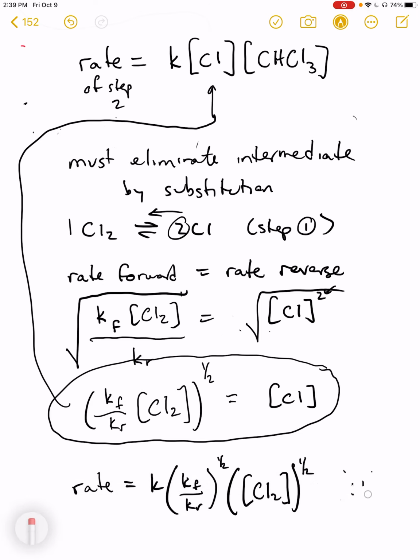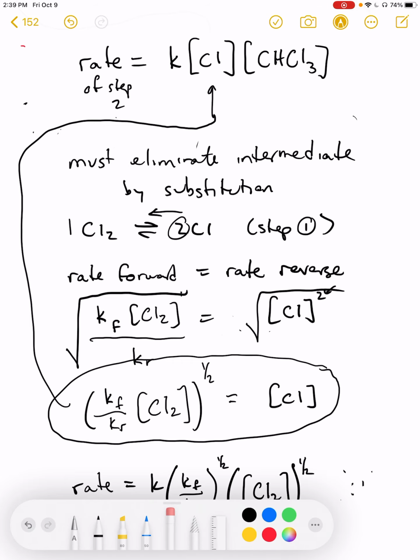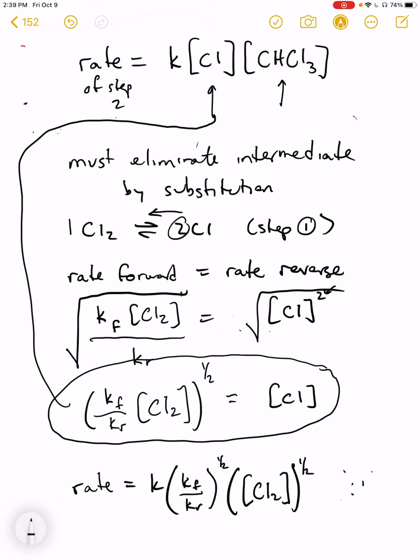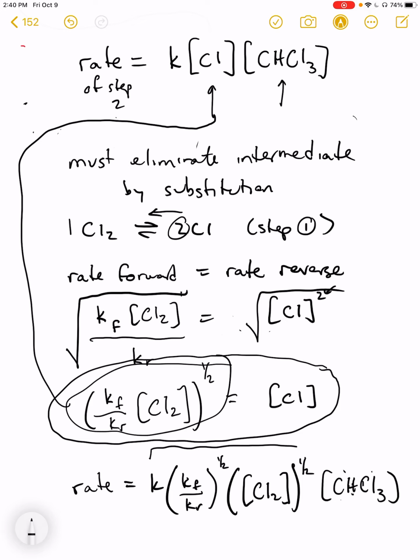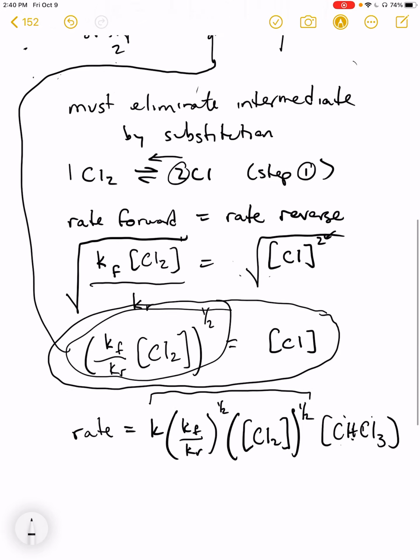Not equal Cl, but my CHCl3 from up here. So again, this replaced my Cl in the rate law.